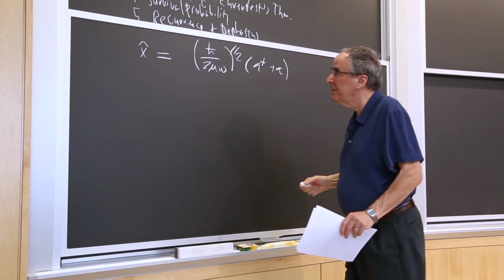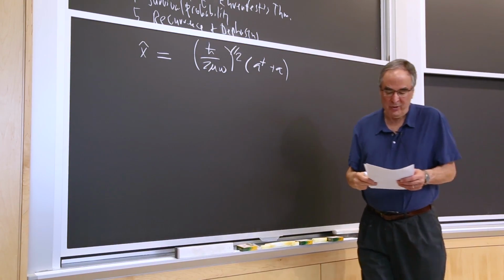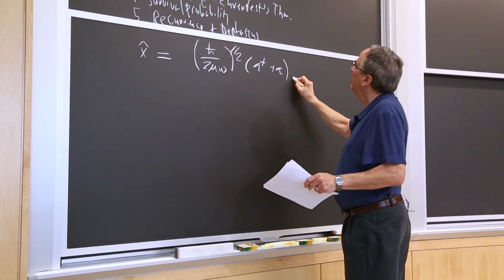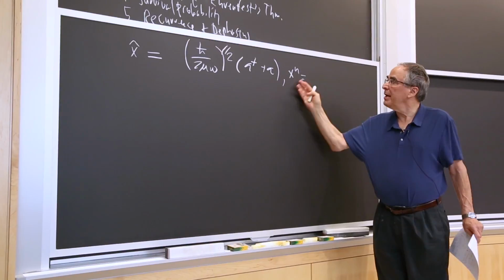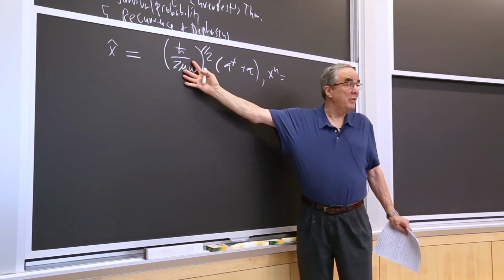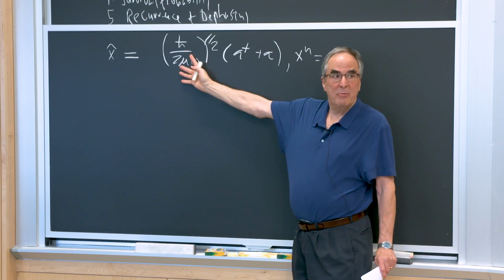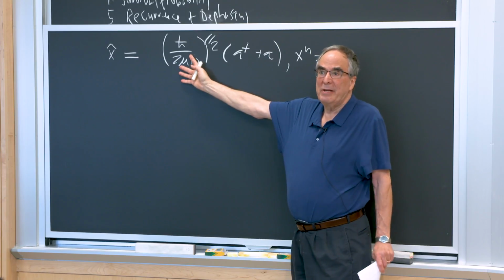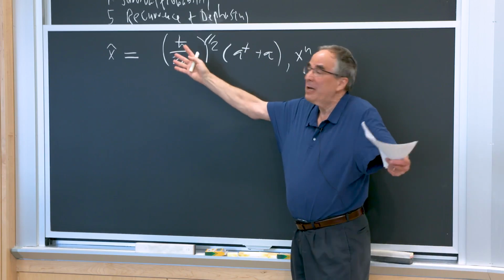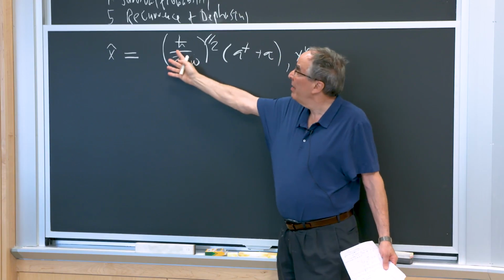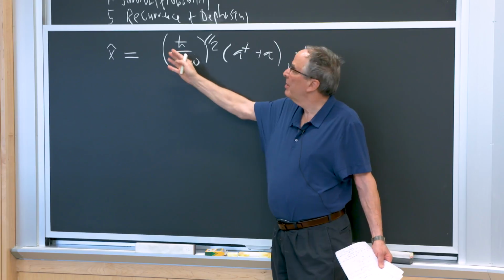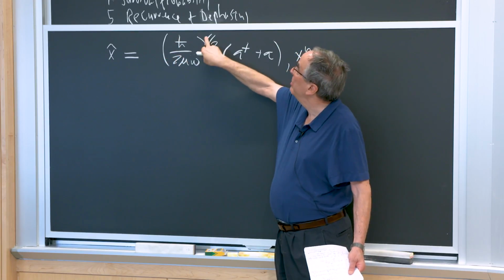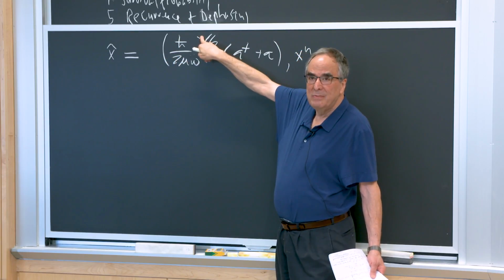I'll drop the hats because we know they're there. And one of the nice things is if we have this operator to the nth power, we have this cofactor to the nth power. So we don't ever have to deal with it until the end of the problem. We say, oh, well, we had x to the n. Well, we have then h bar over 2 mu to the n over 2 power.